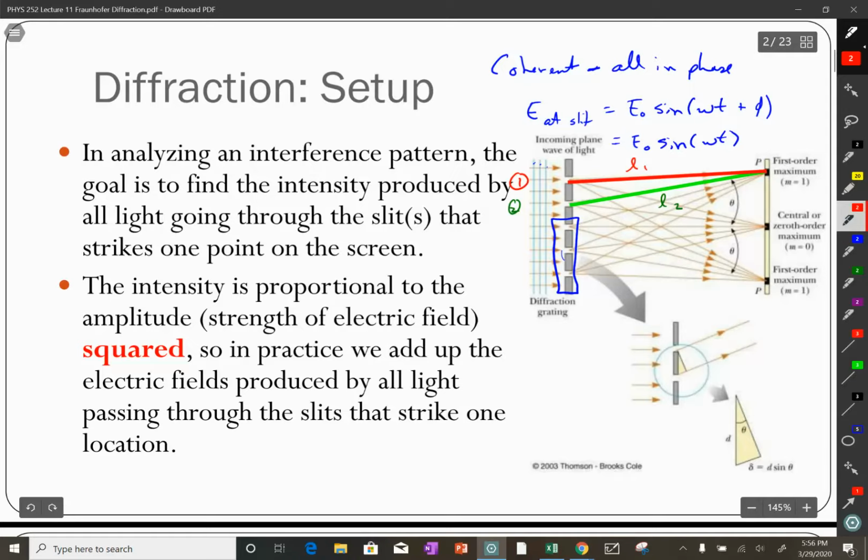And as described for far field, the difference in those two, L2 minus L1, is equal to d sine of theta, where theta is the angle going from, I'll just take the midpoint here, to that point P. So this is angle theta.